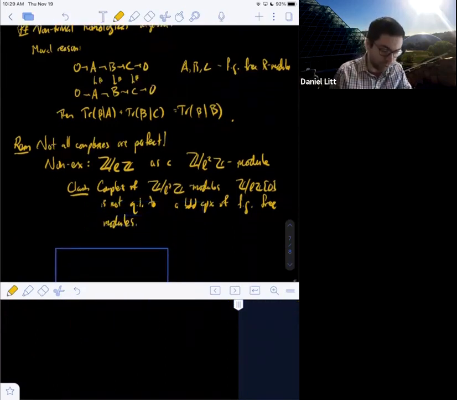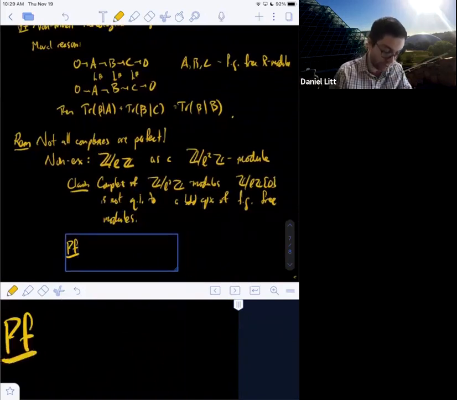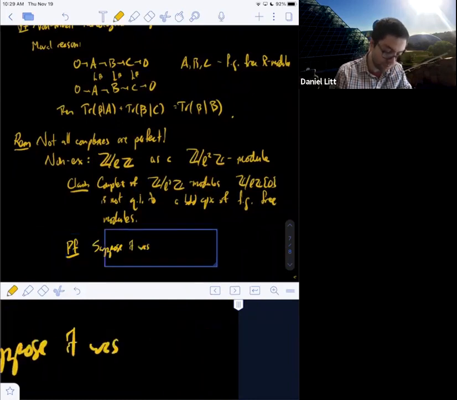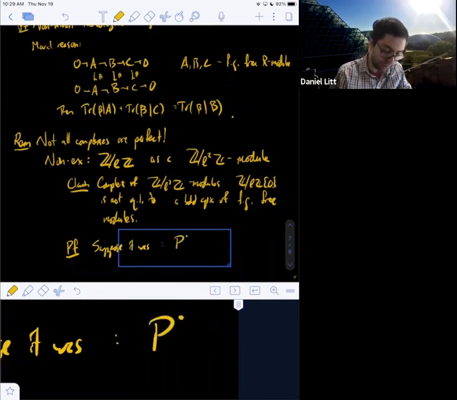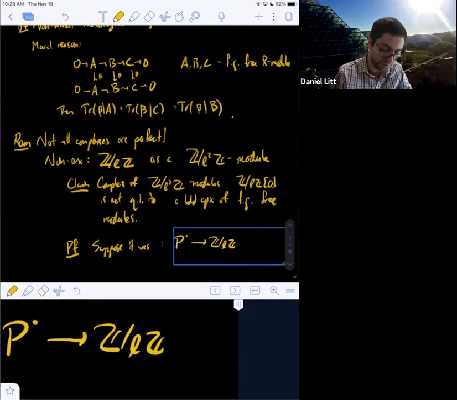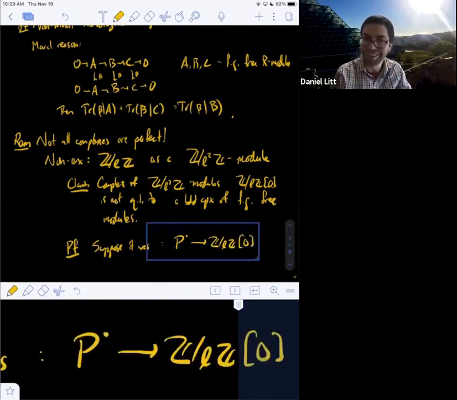Okay, so the proof is as follows. Suppose it was. Suppose there's some quasi-isomorphism from P; there's a priori a chain, but for simplicity let me assume it goes like this. So this is a projective resolution, right?